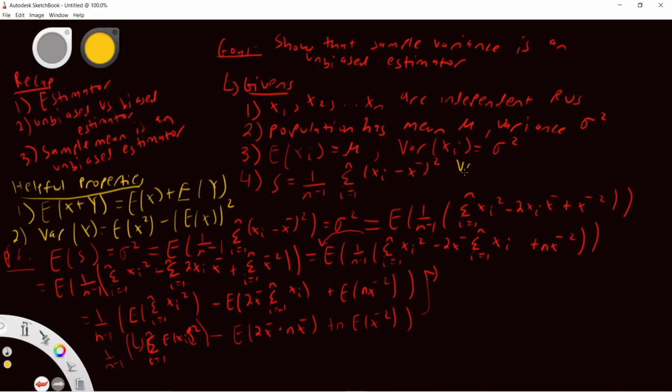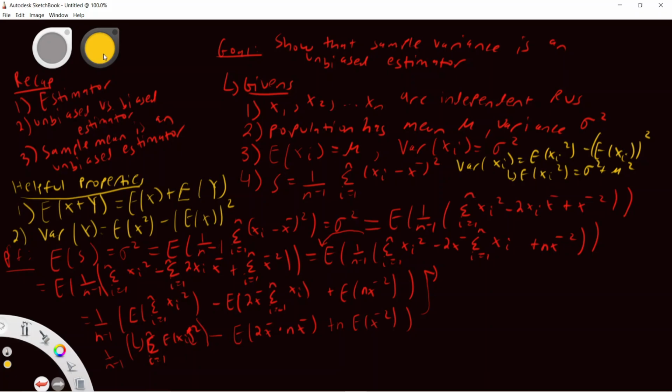We have that the variance of x sub i is equal to the expectation of x sub i squared minus the expectation of x sub i, whole squared. So we know that the variance of x sub i by our assumption is sigma squared, and we know that the expectation of x sub i is mu. So the expectation of x sub i squared is sigma squared plus mu squared. That's helpful.